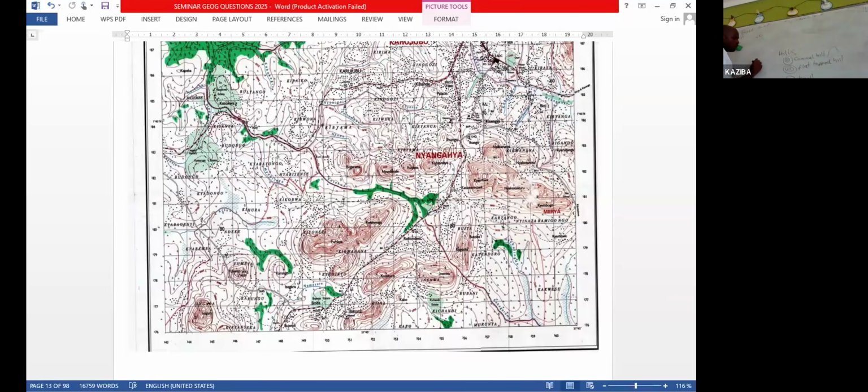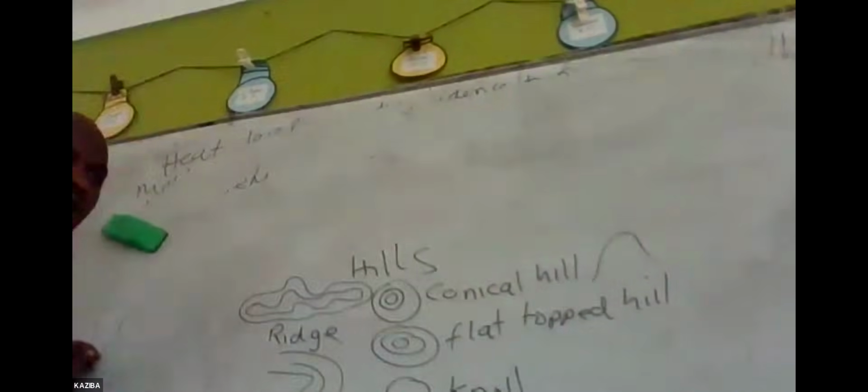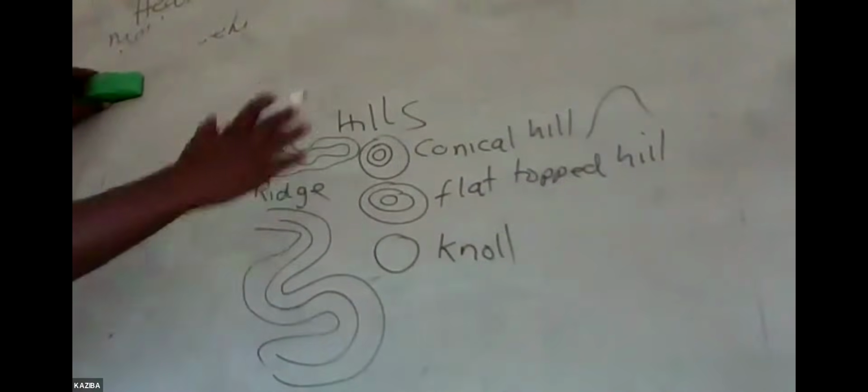Once you have this one, where contours do this, and they move along this place like that, that's a ridge. Where you have these ones, contours bending like that, hope you're seeing, let me do it again.